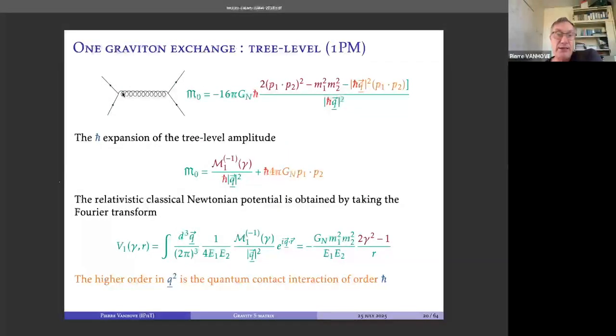That gives you the vertex here, which is of order p squared, coupled to the h mu nu. Then there is p2 squared from the vertex here, and then the propagator, 1 over q squared, the propagator of the graviton. If you compute this, and if you call q the momentum transfer, then you find that this amplitude is proportional to G Newton.